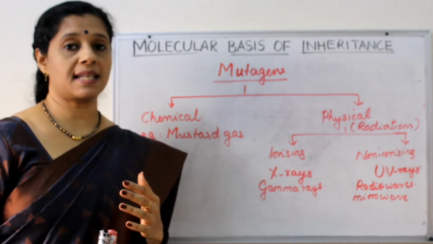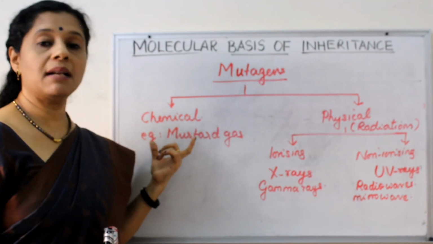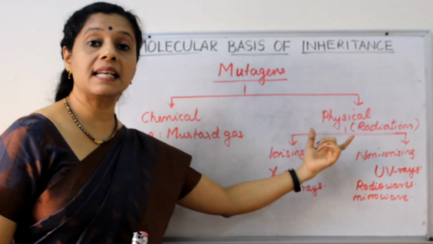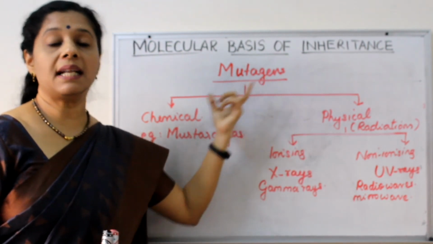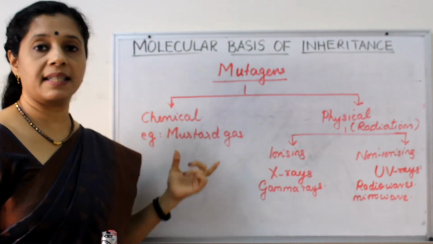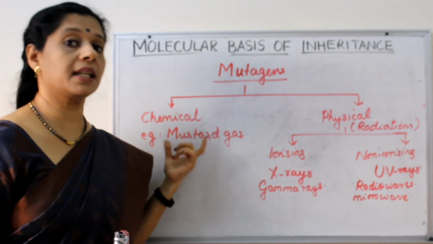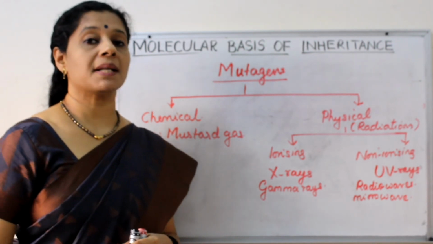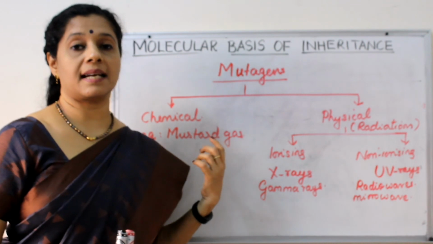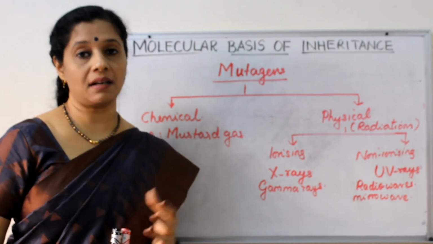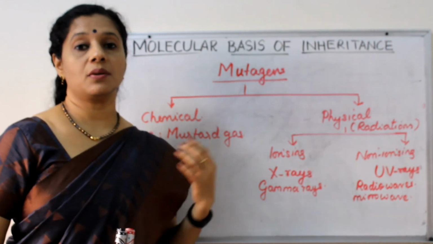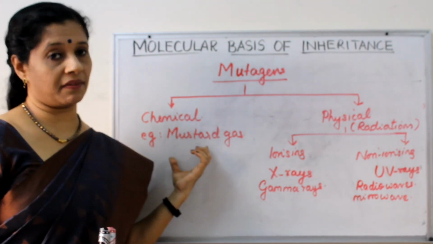So mutagens can be of two types: chemical mutagens and physical mutagens. An example of a chemical mutagen is mustard gas. This is the first discovered chemical mutagen. Mustard gas, though we call it a gas, technically it is not a gas. It is sulfur mustard, which is commonly used as a chemical warfare agent.